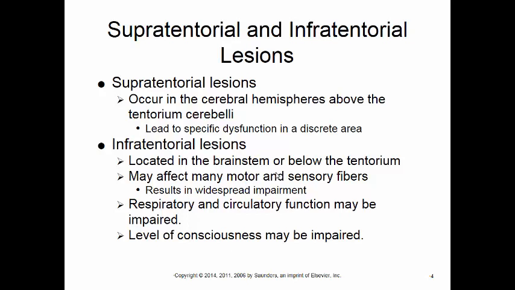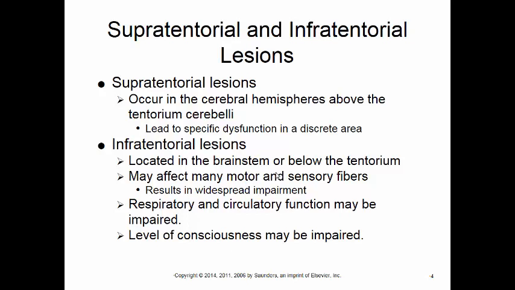These two have different kinds of symptoms. The supratentorial lesions typically have symptoms and signs of a more discrete area, so it's more specific to a specific part of the body, or it's showing specific numbness or things of that nature. The infratentorial lesions are more widespread because the signals travel through the brainstem to get to all different parts of the brain. So you're going to see more widespread impairment.